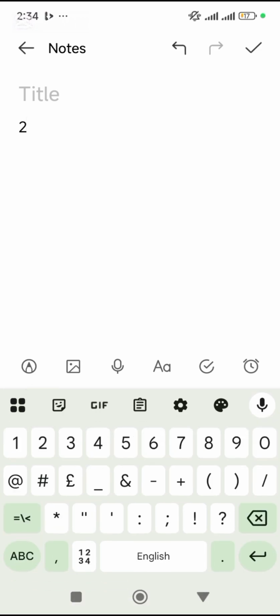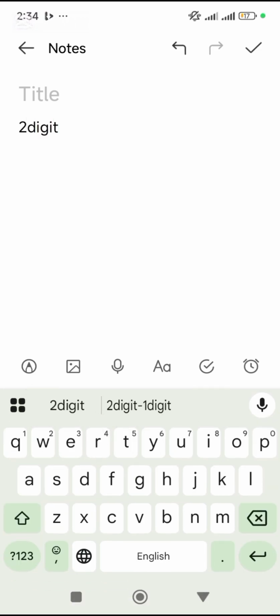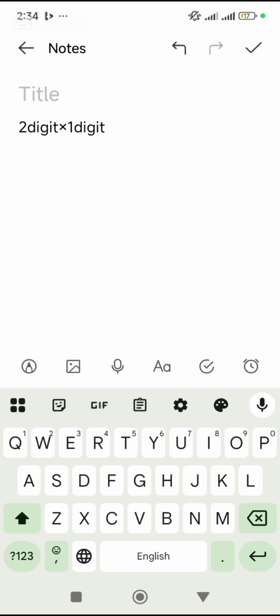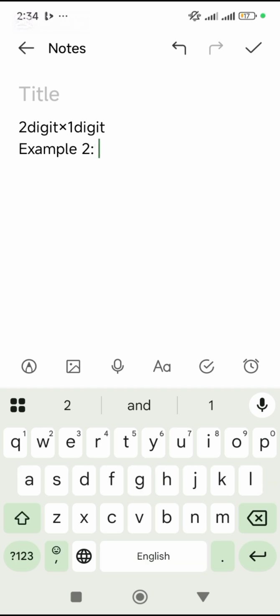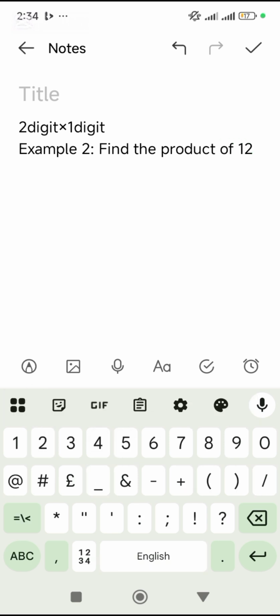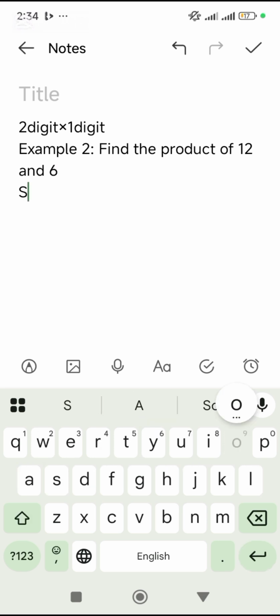This is example 2. Find the product of 12 and 6.